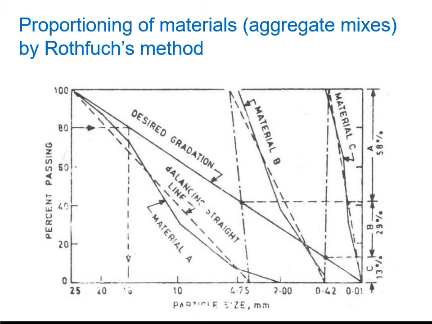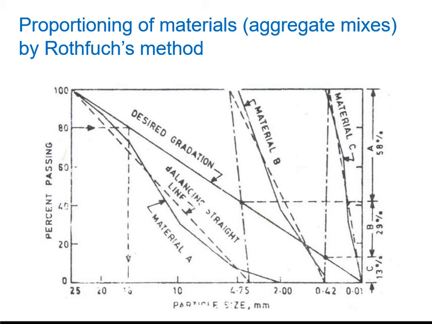The points where these joining lines meet the desired gradation line are at this particular point, this particular point, and this at the zero.